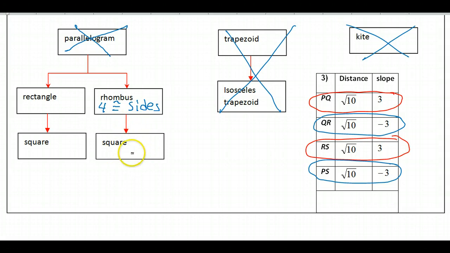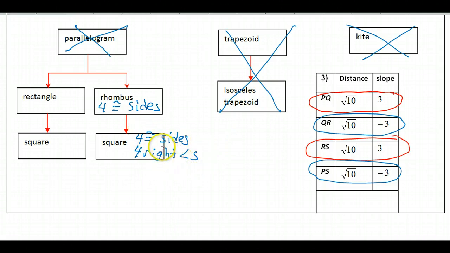Well, if it's a square, in addition to having 4 congruent sides, it better also have 4 90-degree angles. All right, a square is a rectangle and a rhombus. So a square has to have 4 congruent sides. Yes, just like because it's a rhombus. But it also has to have 4 right angles.